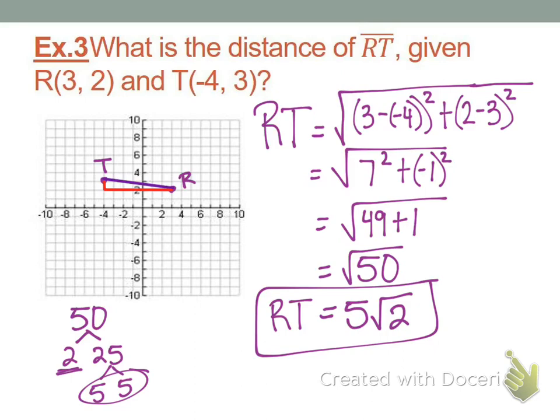Hopefully we can see that this side on the left has a length of 1. The side on the bottom has a length of 7. Okay, so then if we were using Pythagorean theorem, we would be taking 1 squared plus 7 squared equals c squared, and our work would end up looking exactly the same as it does down here. Okay, so distance formula is just another way of doing this.